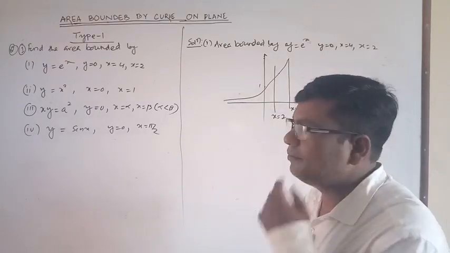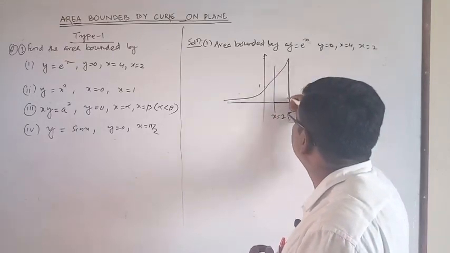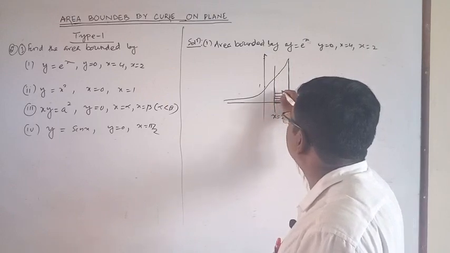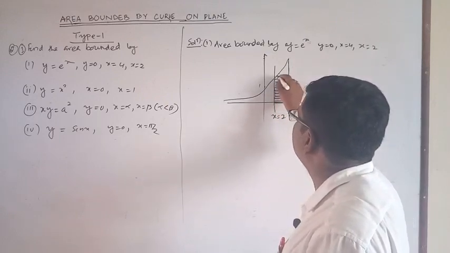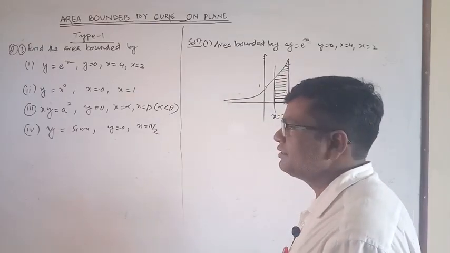Now the area enclosed between the graph, this by this by this, so this area is the required region.